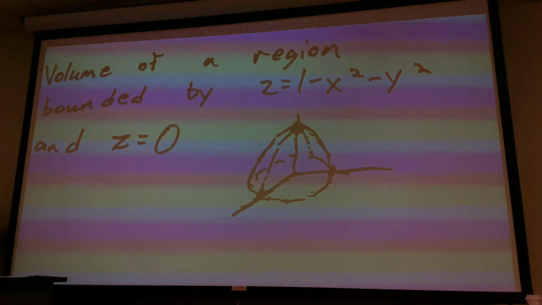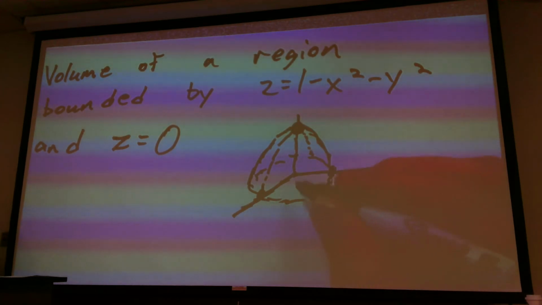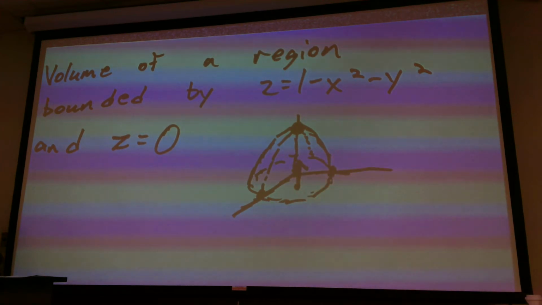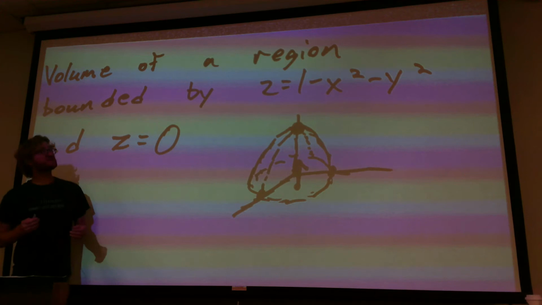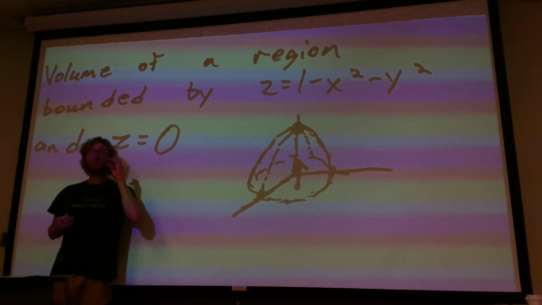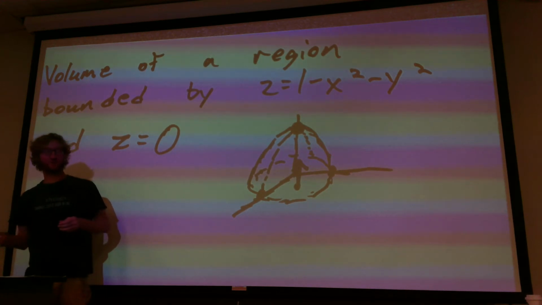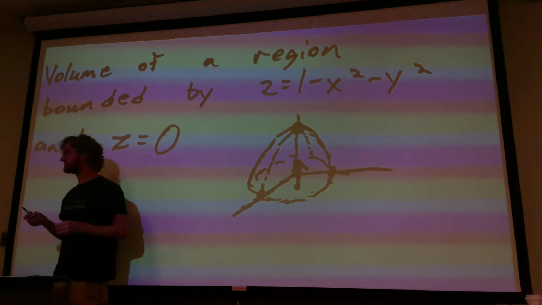So I'm going to think of this as a volume. So in a 3-dimensional sense, I'm going from the plane z which equals 0 up to this surface z which equals 1 minus x squared minus y squared. So that's my dz direction.